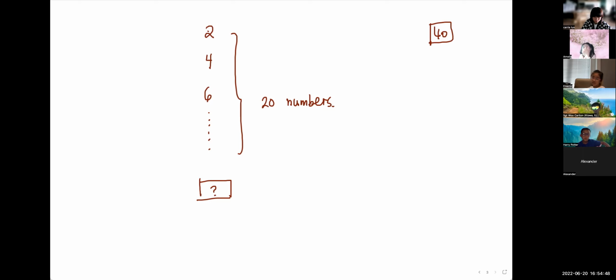In this case, you're right. But if I change it to something else, that would be different. So if I start with 4, so 4 times 20, so the last number will be 80.